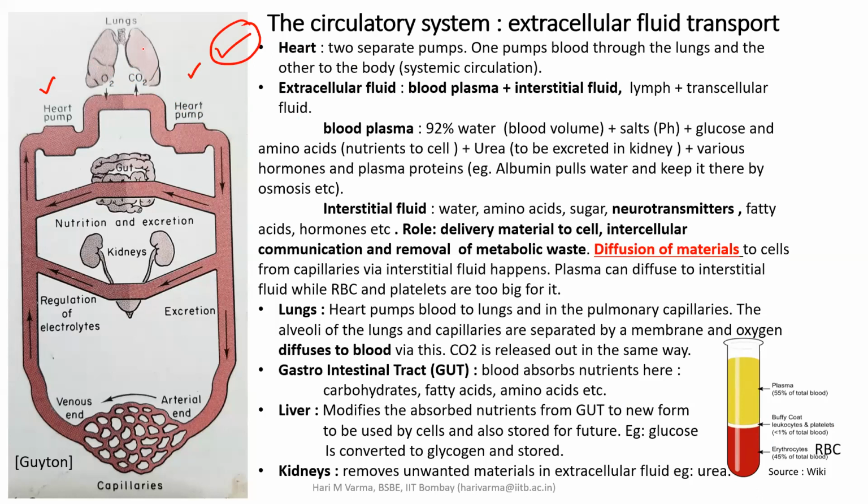That is passed from the lungs to the blood, and that blood is pumped back to the heart. So it has two pumps. One pushes to the lungs to get oxygen, and when it comes back, it is pumped to the main body.